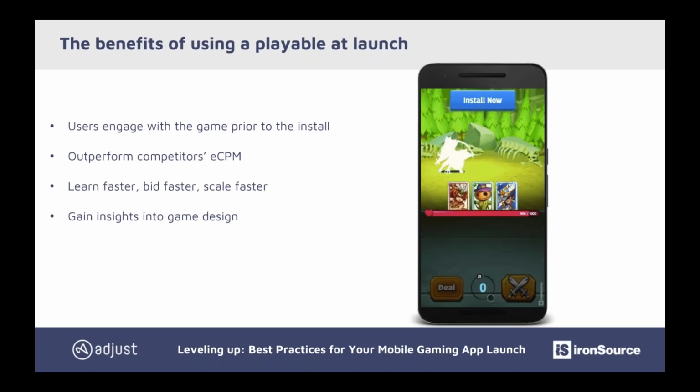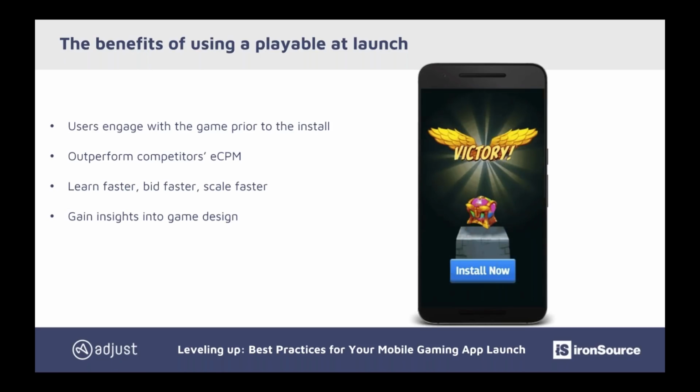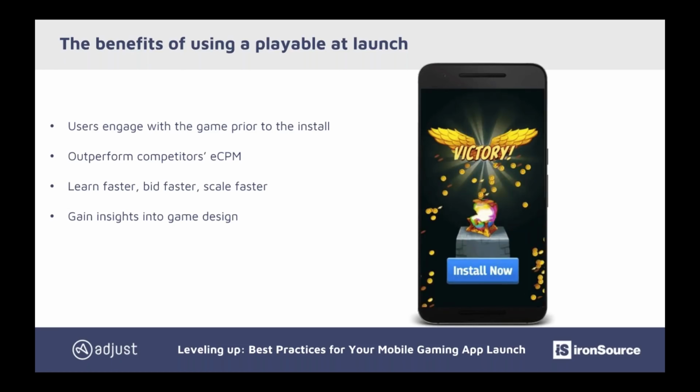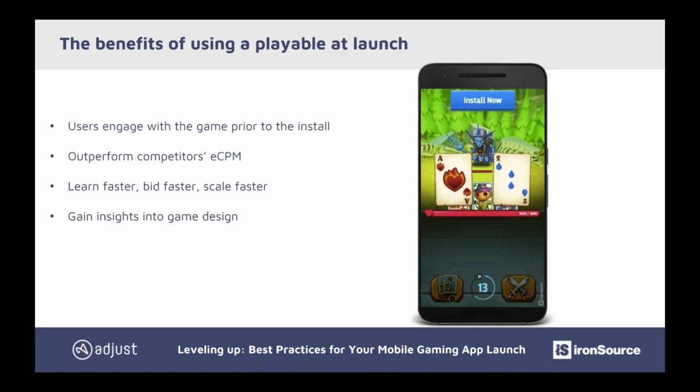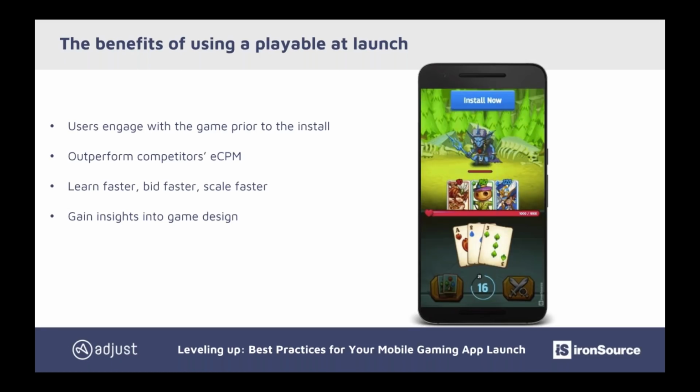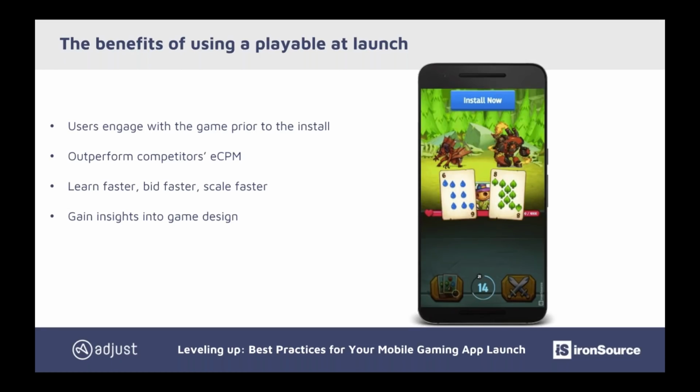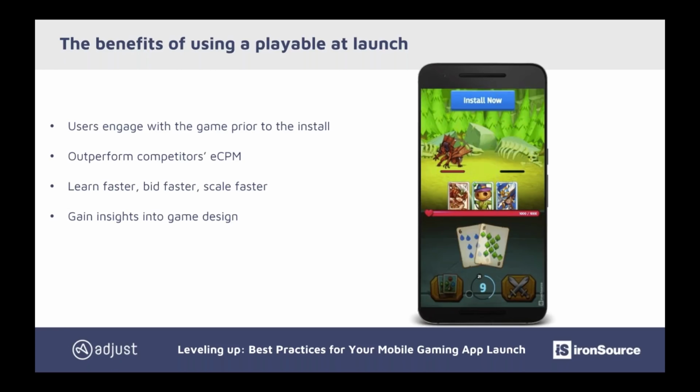How do they perform? Is it good for your strategy, for your KPIs? You're going to be able to bid faster and maximize that yield, and obviously scale faster once you have all those bids stabilized based on performance. And another unique thing here with playable ads is that in some cases, if the ad is really similar to the game itself, you can leverage that and gain insights into the game design itself.